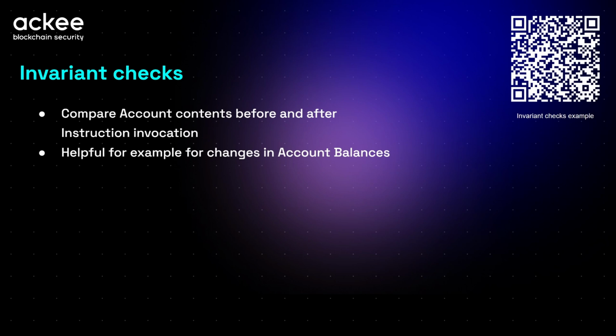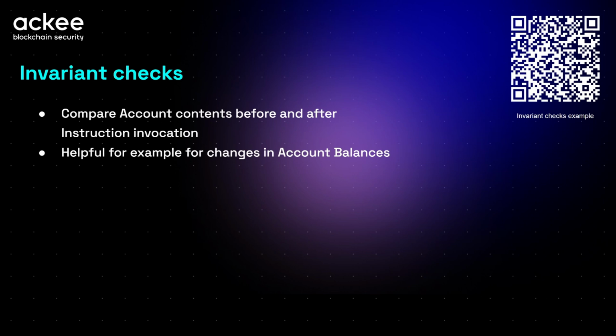You can define an invariant check after each instruction, as you will see in the in-code examples, which will be called after each successful invocation of that instruction. So let's say you have an update instruction or transfer instruction, and if this invocation was successful, then Trident will call the check function, which is defined by you as a developer.